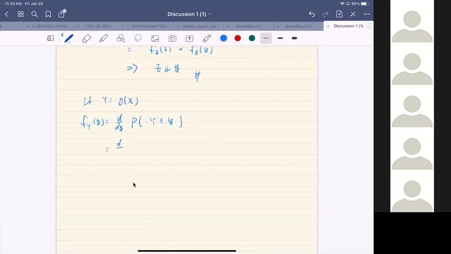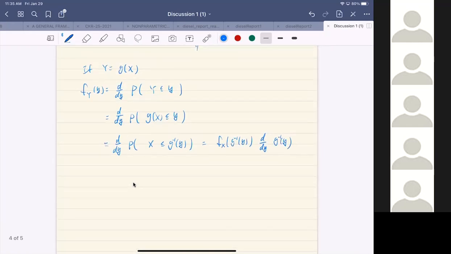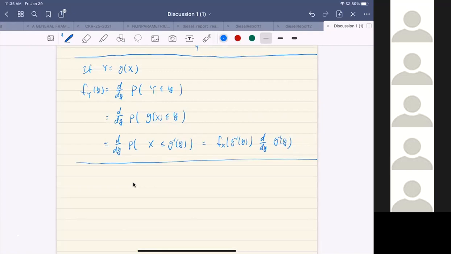And this can be expressed with the density of f x.